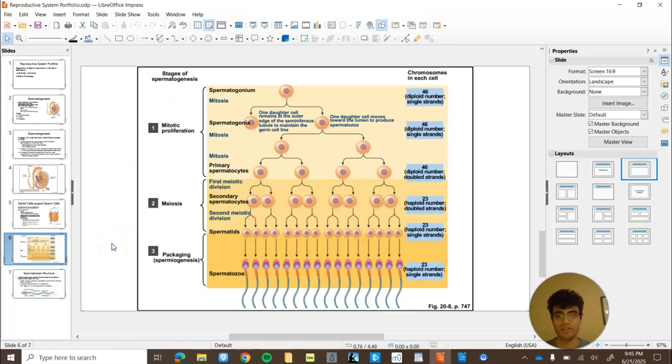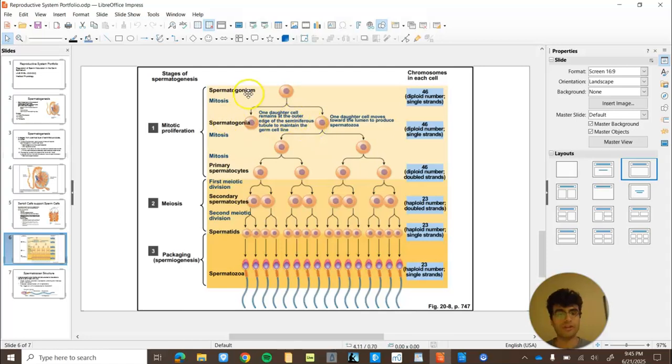So this image right here kind of shows an overview of that spermatogenesis process that we were talking about. So we have the spermatogonium that undergoes mitosis. So it's going to be an identical copy, so two identical daughter cells, and they start off diploid, meaning two pairs of chromosomes, so two pairs of 23 chromosomes.